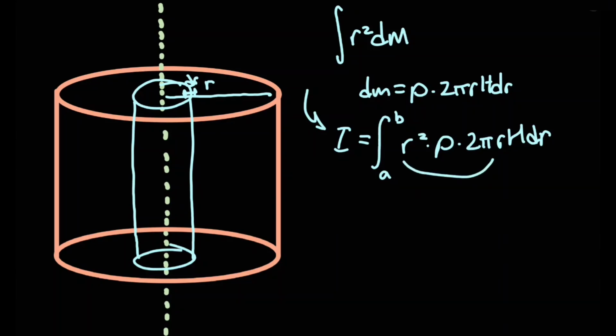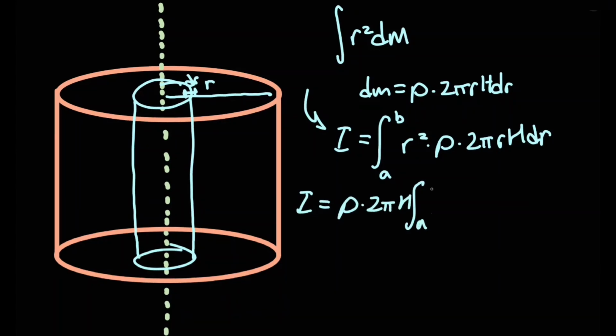We're going to combine the r terms to get r cubed. And then the constants can come out because we're not differentiating with respect to those. So we're going to get I is equal to density times 2 pi h, integral from a to b of r cubed dr. And now our next question is, what is a and what is b?